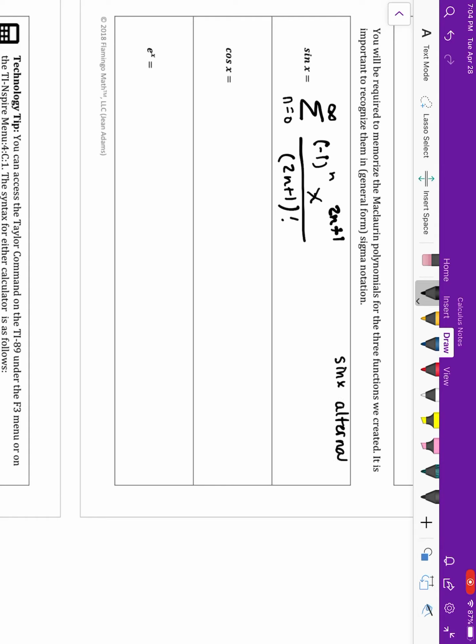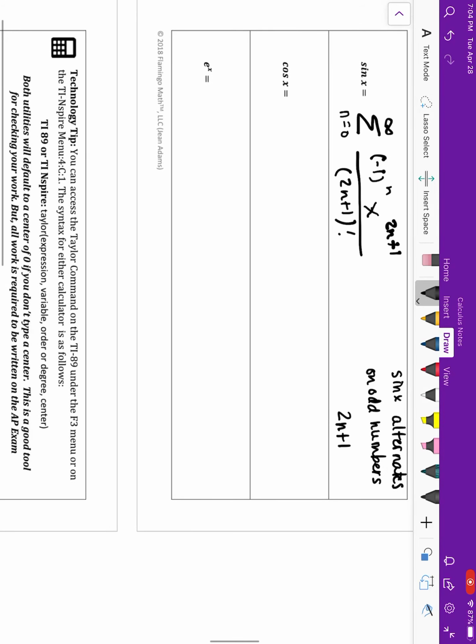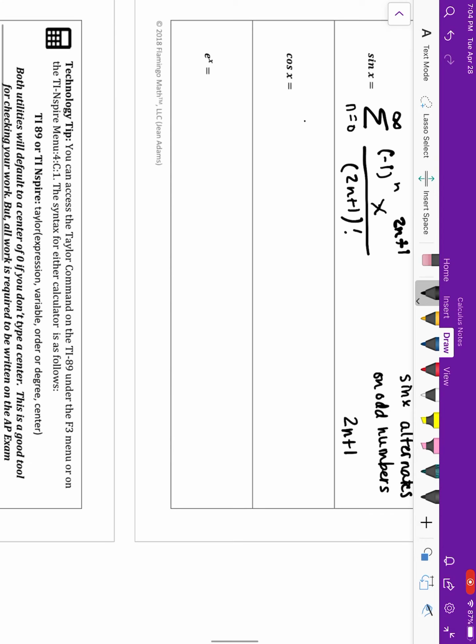And we just need to remember that sine x alternates on odd numbers. And so we're looking at 2n plus 1 to produce those odd numbers.